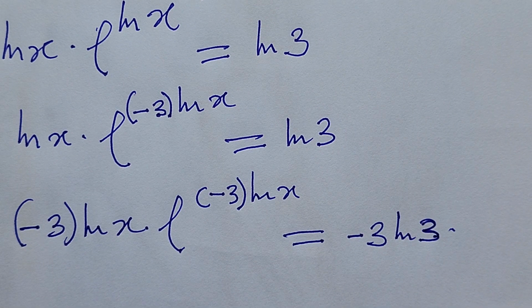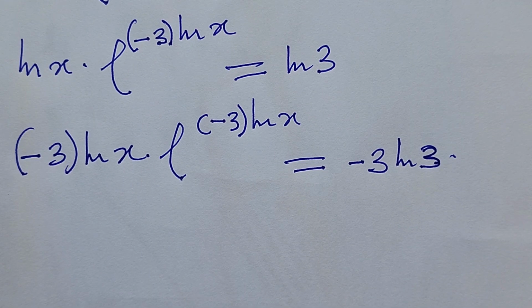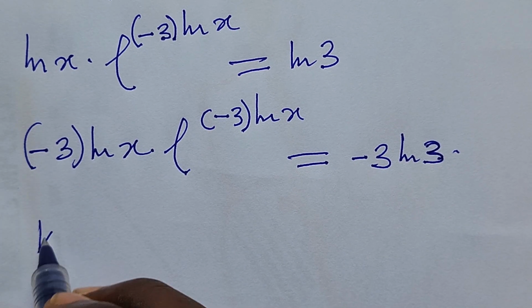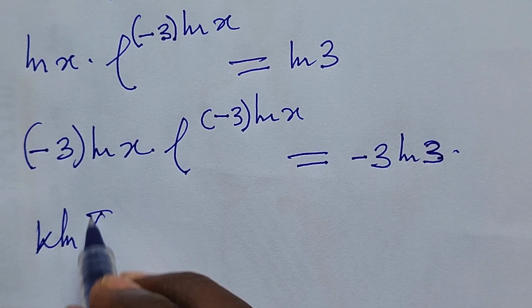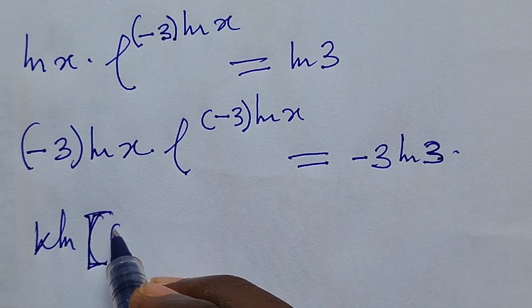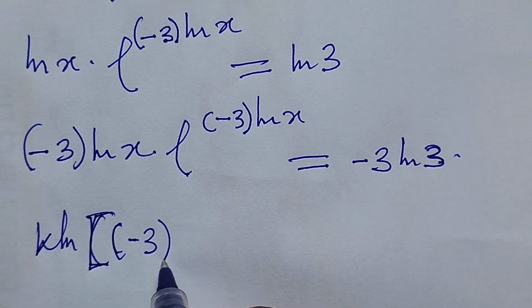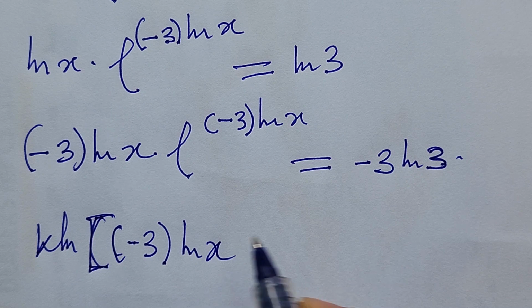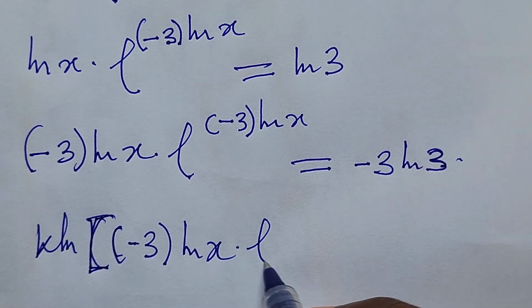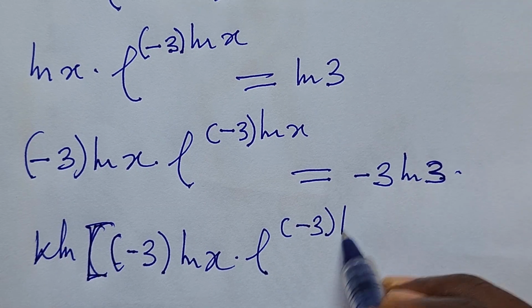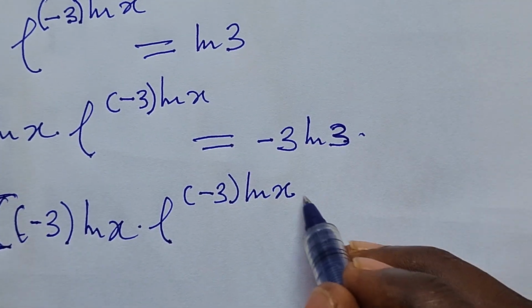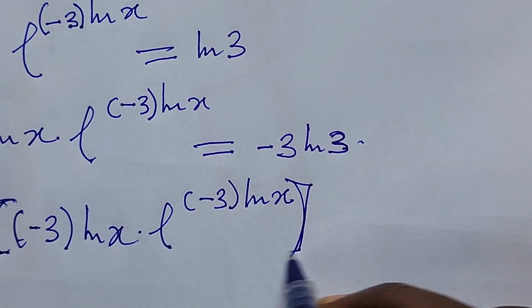It is at this point we can now take our Lambert W function, right? Good. So if we do this, we're going to have W_n, let's use our square bracket here, of (minus 3) ln of x times e all raised to (minus 3) ln of x, then close the square bracket.